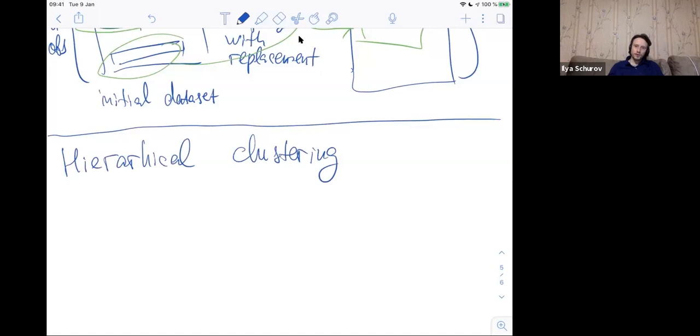And hierarchical clustering actually is a nice thing, because it gives you not just some predefined number of clusters, but some kind of hierarchy. It says that some observations are close to each other, some others are not so close to each other, and it gives you a way to look at your data on different levels of scales, on different scales.